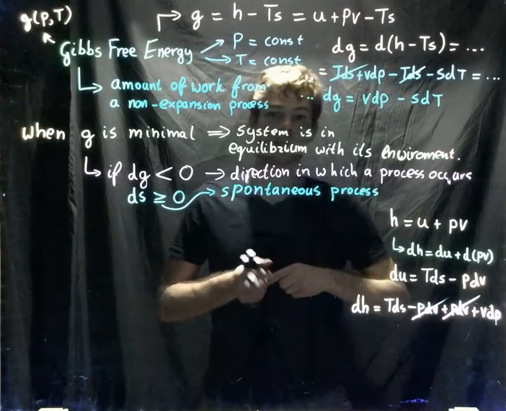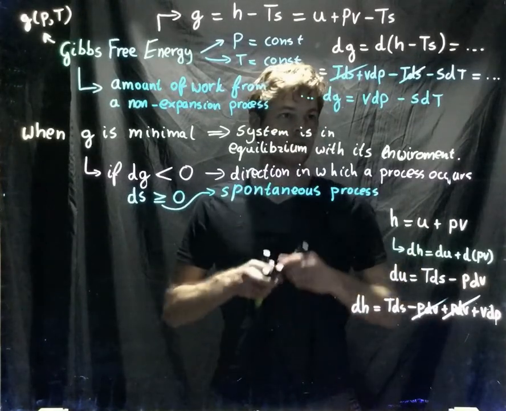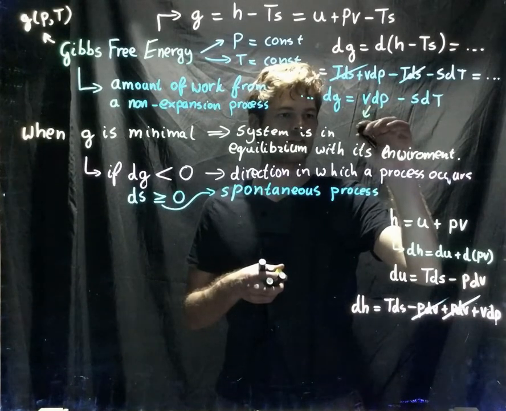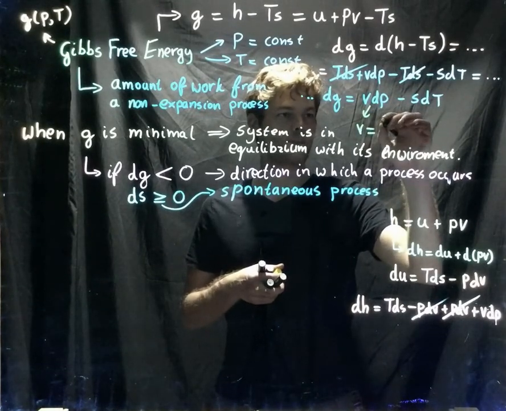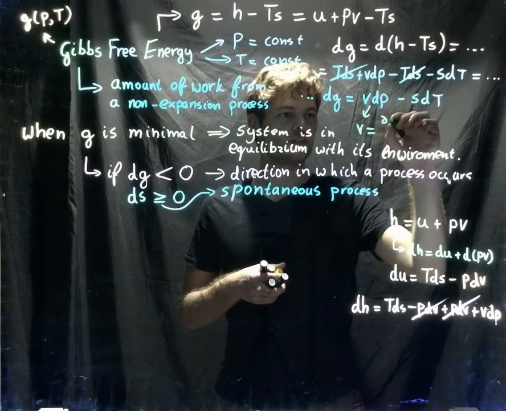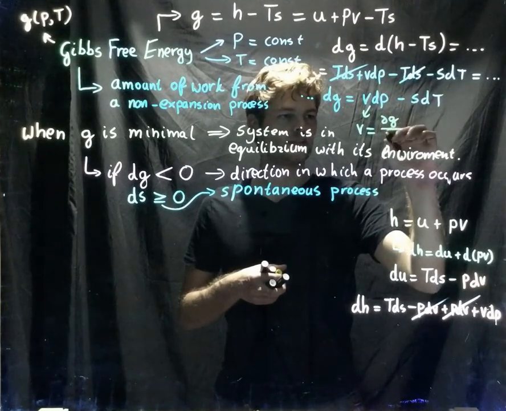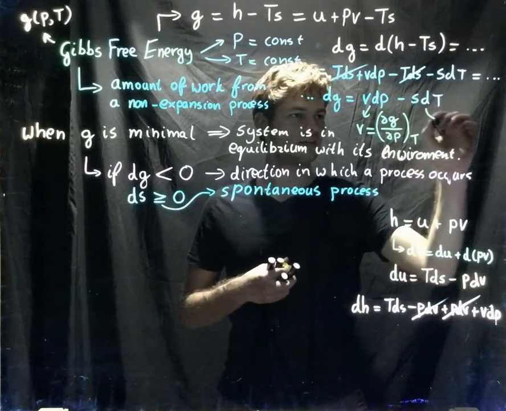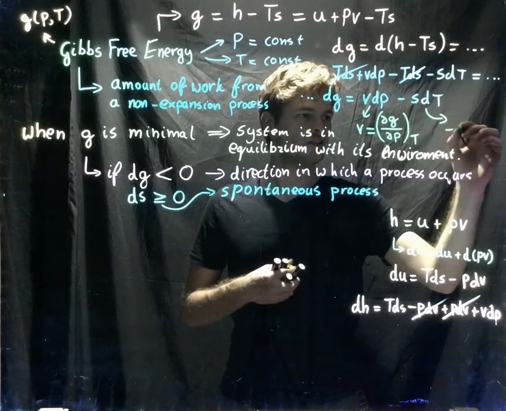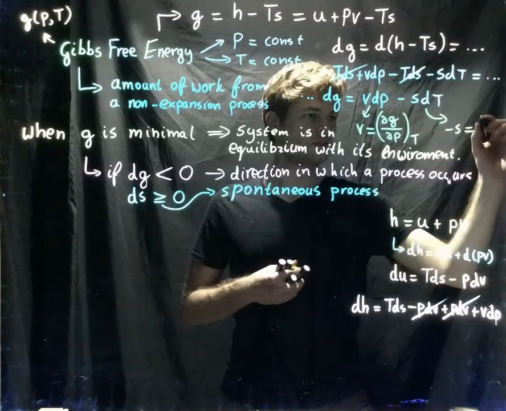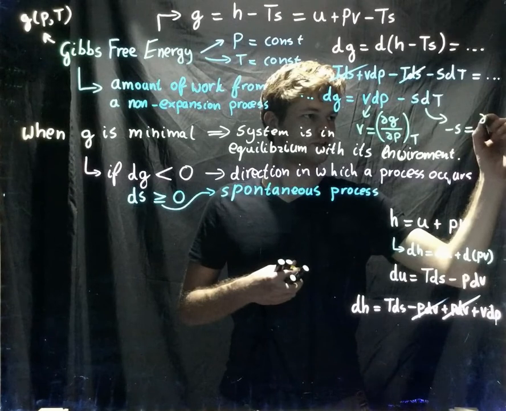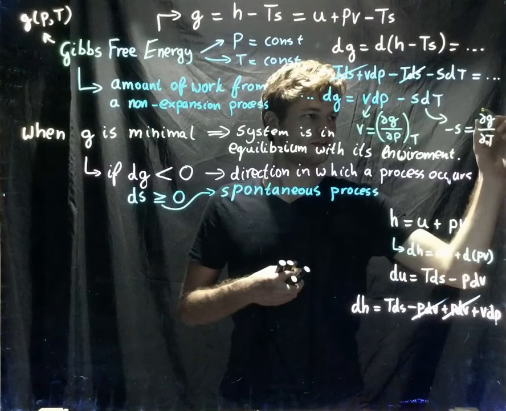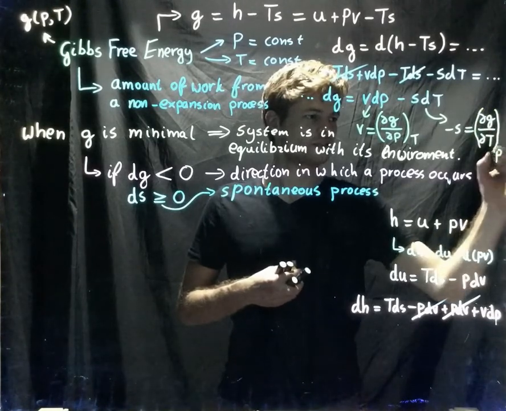To make it a little more mathematical, I'm going to write down the partial derivative. So the V, from this it follows that V is equal to the partial derivative of G with respect to p for a fixed temperature, and over here the minus entropy is equal to the partial derivative of G with respect to T for a fixed pressure.